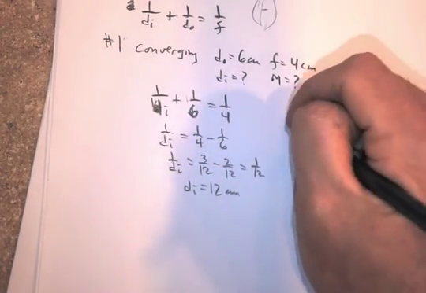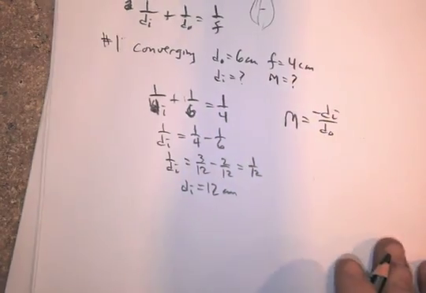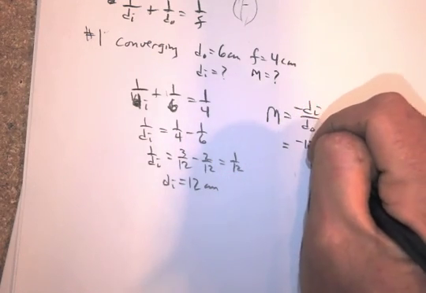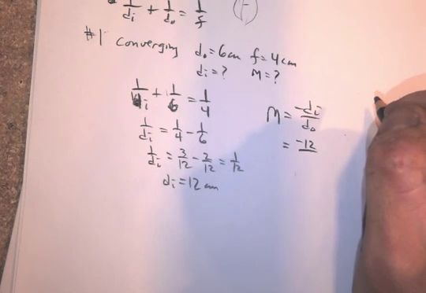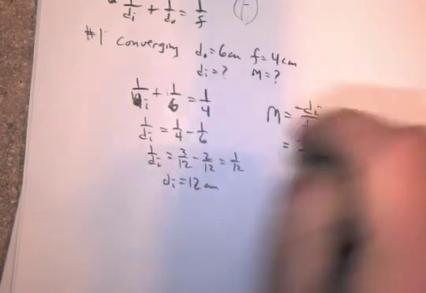Remember, magnification is the same equation, negative di over do. Exact same equations that we used for mirrors. Negative 12 over 6, negative 2. Okay, double check that with that picture.